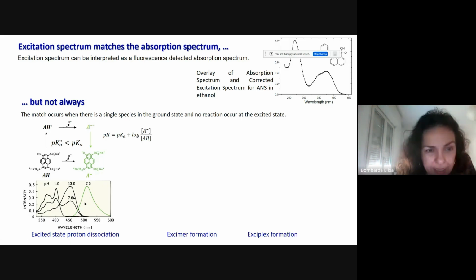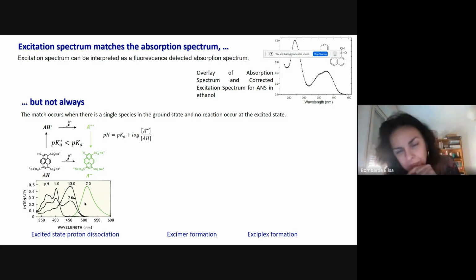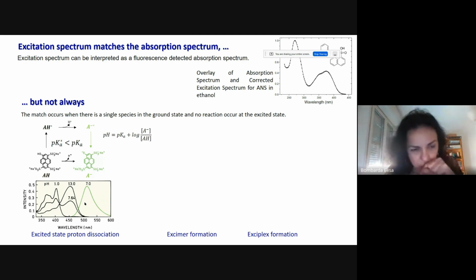Sorry, I was also missing another point: normally, as we showed in the slides before, there is a mirror rule, a mirror effect between the emission and the absorption spectrum. And we'll see when it doesn't happen.